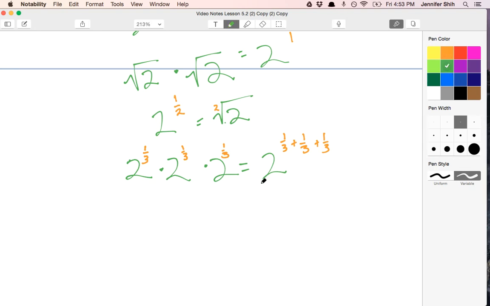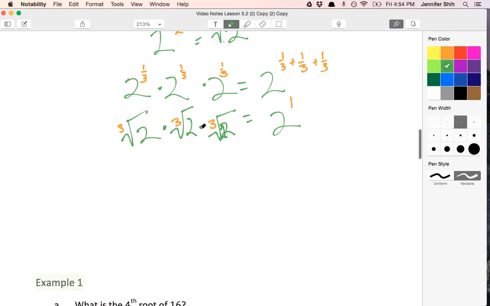And that's going to equal 2 to the 1st power. And what else do we know that when we multiply it by itself 3 times, we're going to get that number back? Well, if we cube the cube root of 2, we are indeed going to get the inside of our radical back.